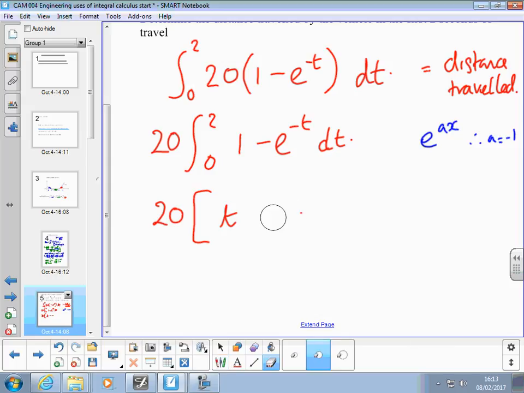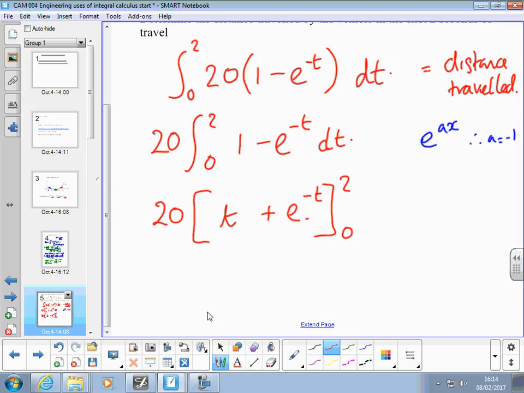Therefore, we scrub that out and make it a plus e to the minus t between 2 and nothing. I hope this works out right.